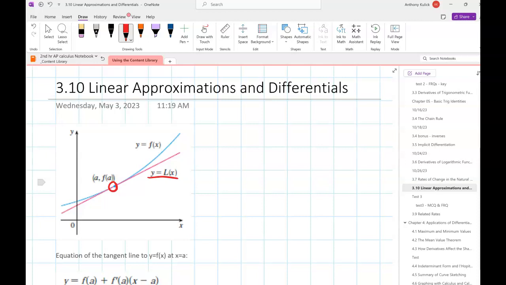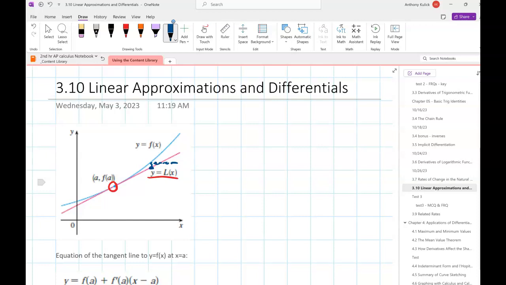I can then use that tangent line to approximate values for f of x, but there'll be a little bit of error associated with it because f of x is probably not linear also. That's all we're doing in this section. We're going to write a tangent line for a function and use it to approximate values on the function.